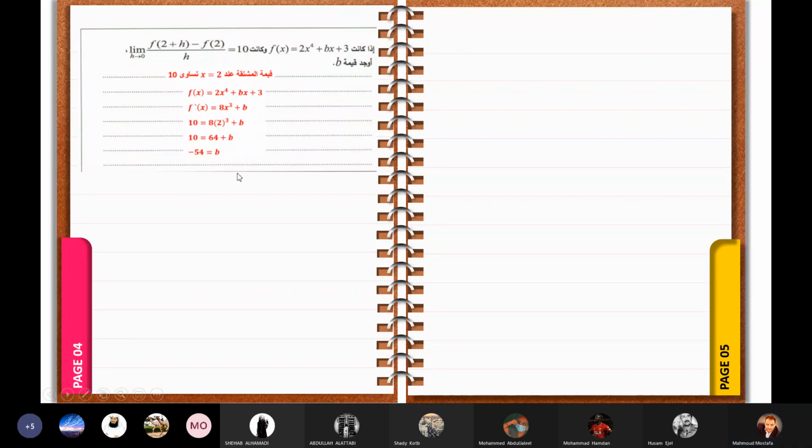The derivative is 10, so I make the derivative equal to 10 and substitute at x equal 2. So you can find the value of b.